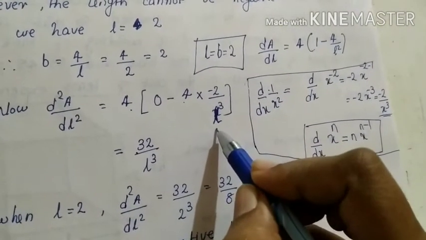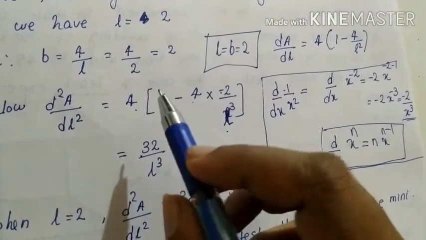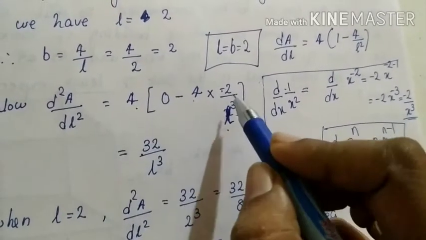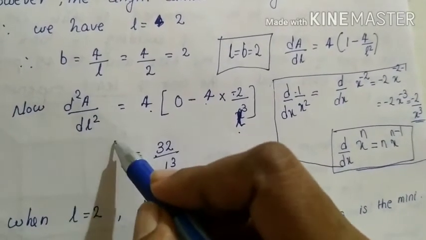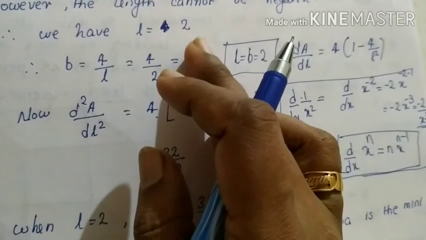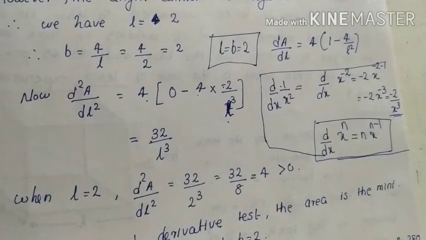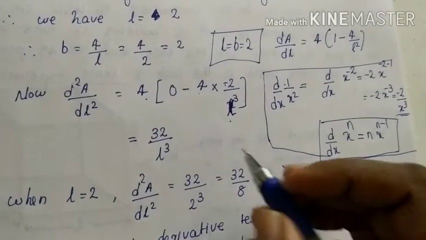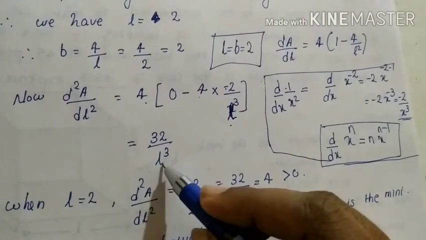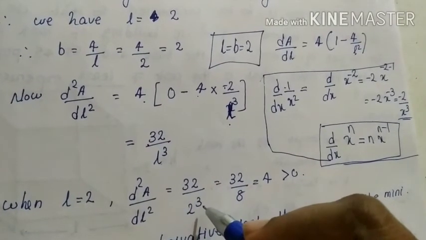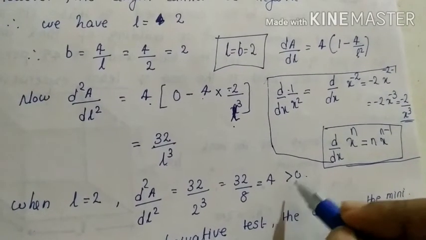So this negative into negative will become positive, and 4 into 8, 32 divided by L cube is our d square A by dL square. Substituting the value of the critical point, L equal to 2, we get 32 by 2 cube. 2 cube is 8, and 32 by 8 is 4, which is greater than 0.